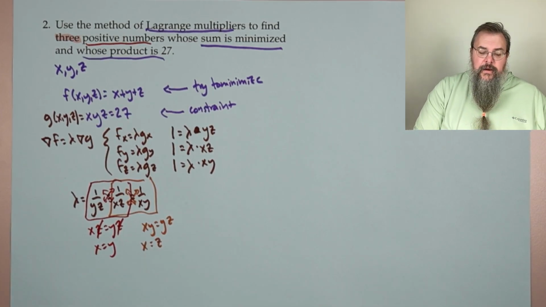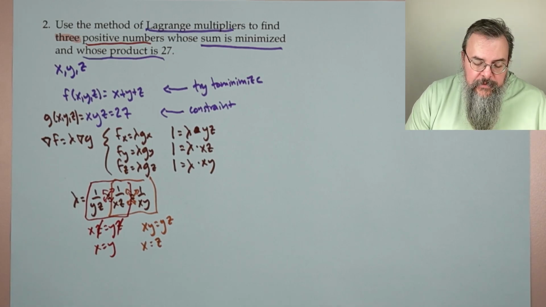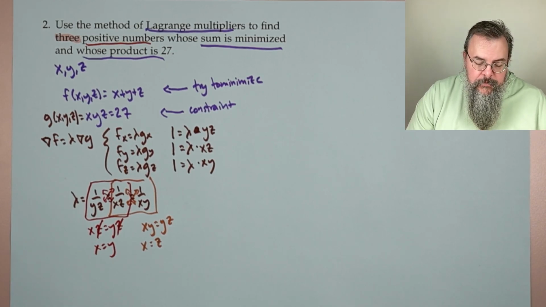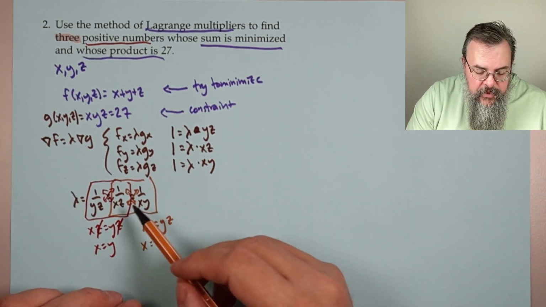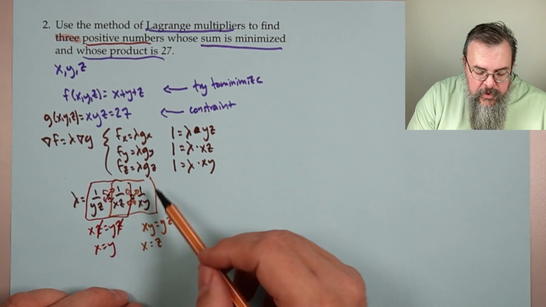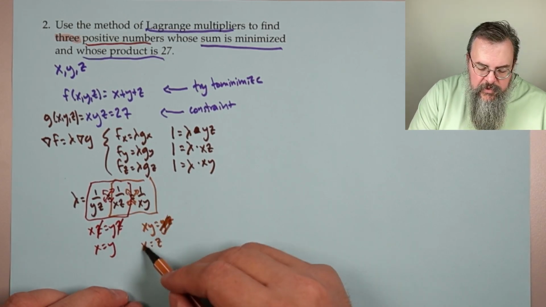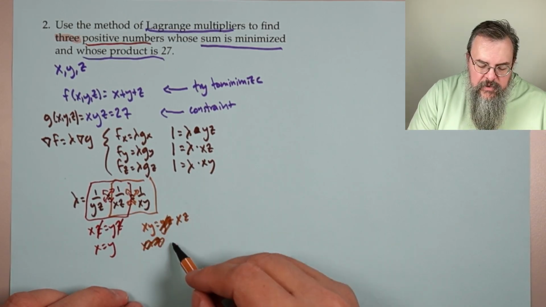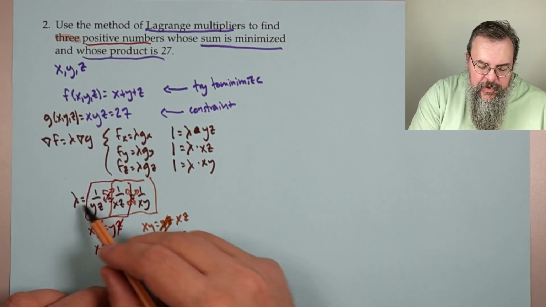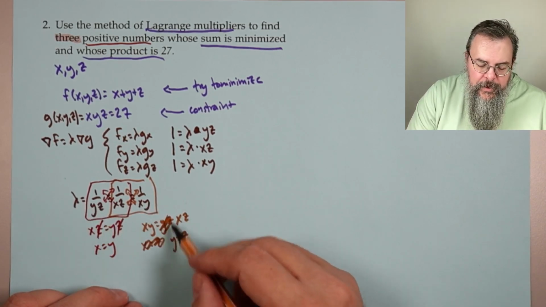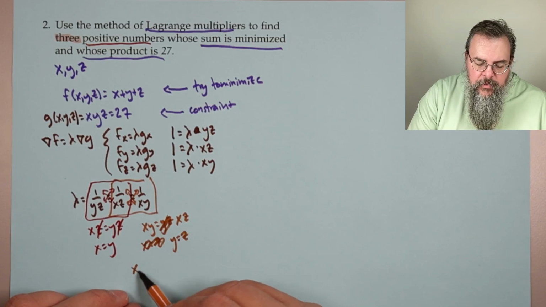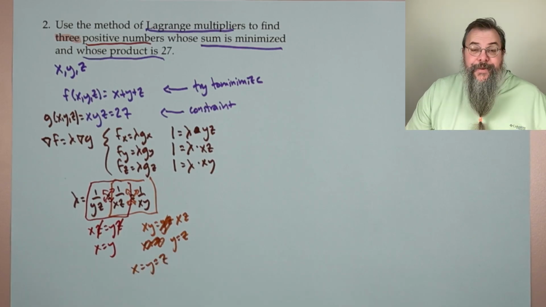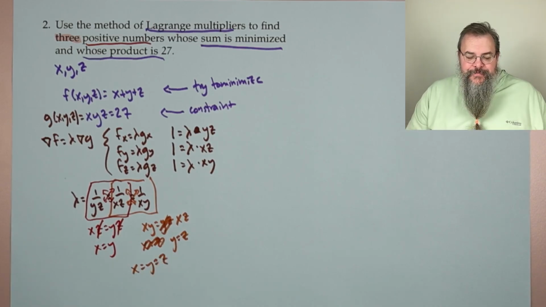Oh, well, isn't that lovely? Wait, did I do that? xy, oh, that shouldn't be yz. It should be xz, I'm sorry. So y equals z, there we go. I read off the wrong one. But okay, great. x equals y equals z. They're all equal.